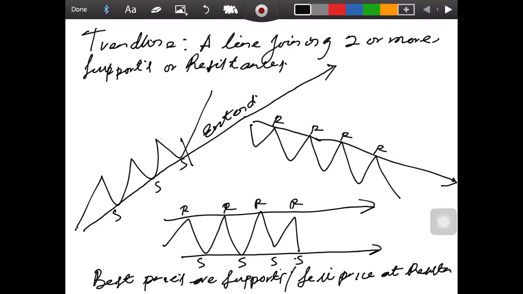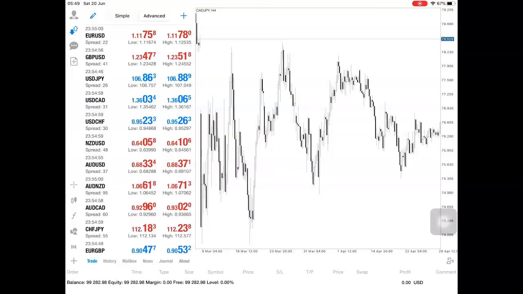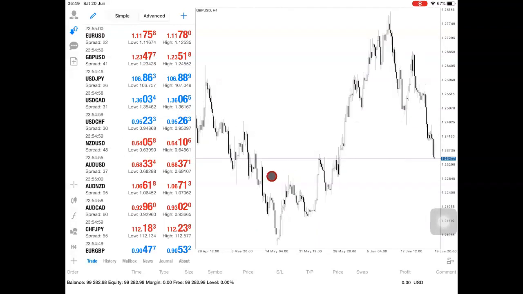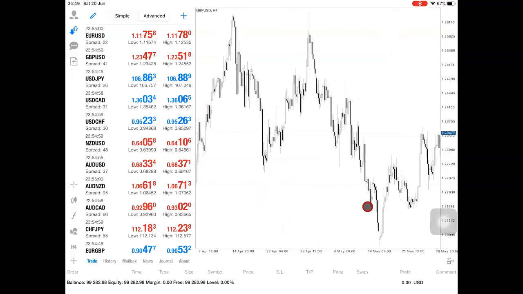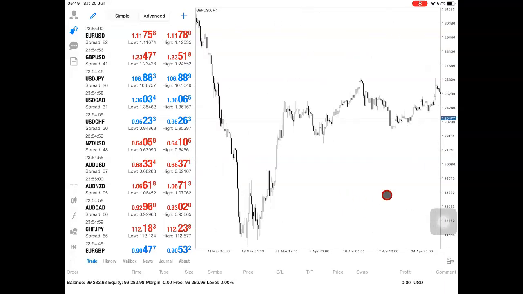Let's go to a real chart and see how we can draw these trend lines. I drew one for euro dollar, so you can see here. Let's look at the pound dollar and see if we can find one.